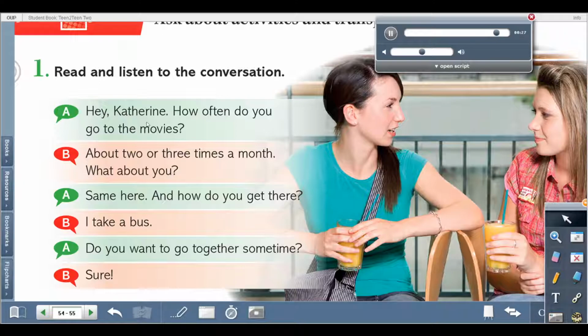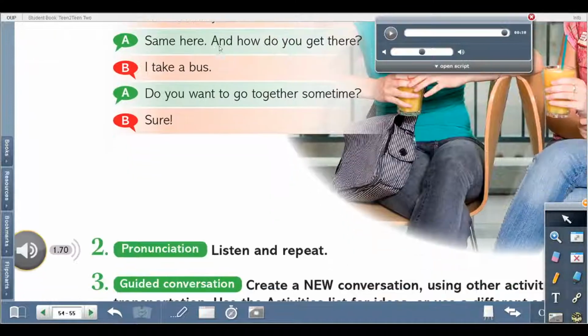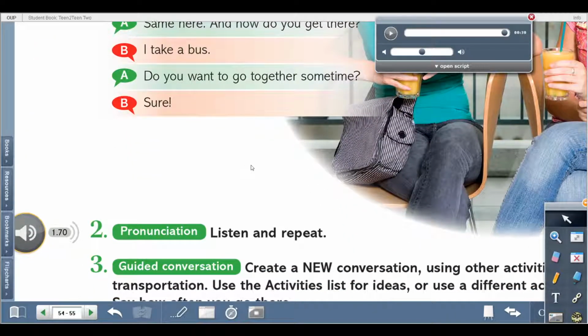Sure. Now, there are 2 girls and they are talking about going to the movies. And they ask questions about how often do they go to the movies and how do they go to the movie place or to the cinema, let's say. So we're going to listen and repeat, okay?